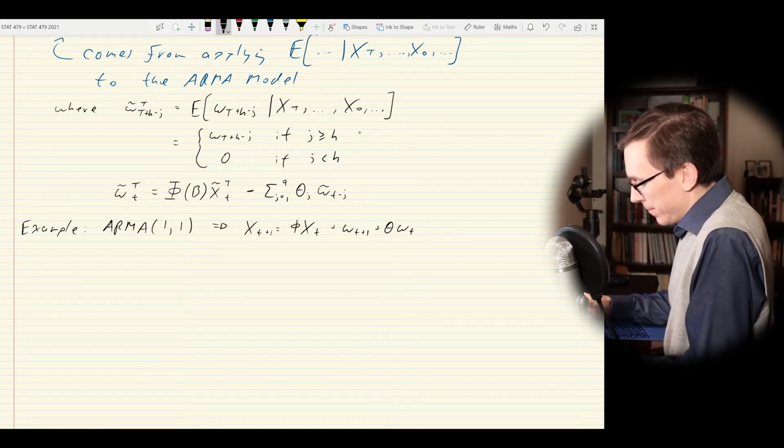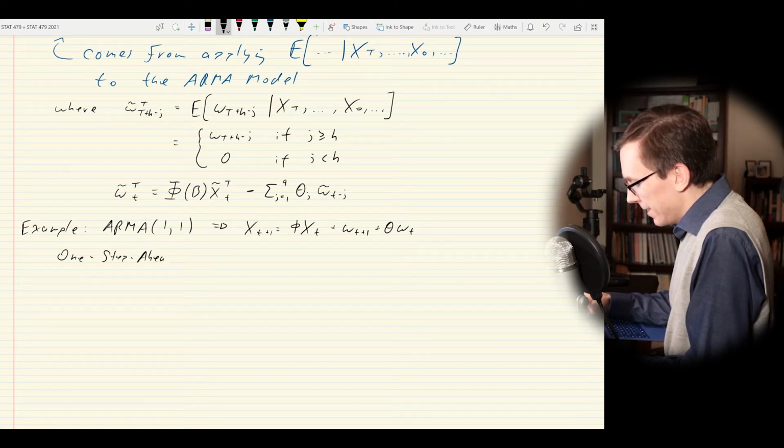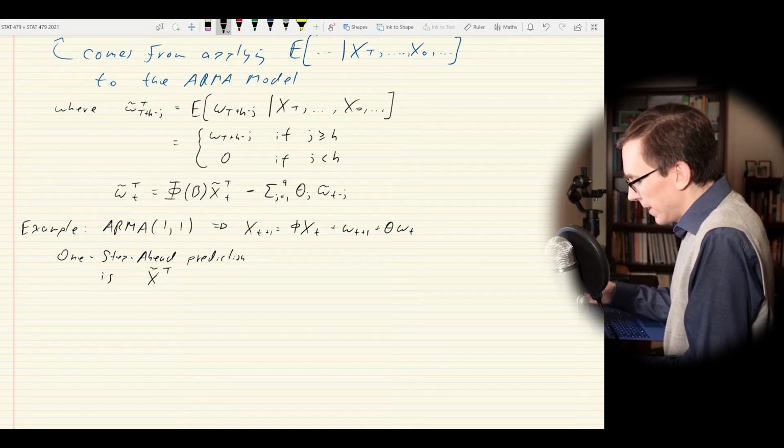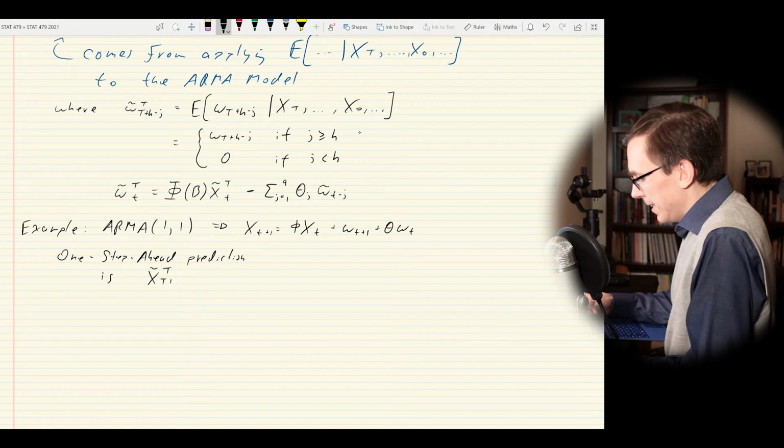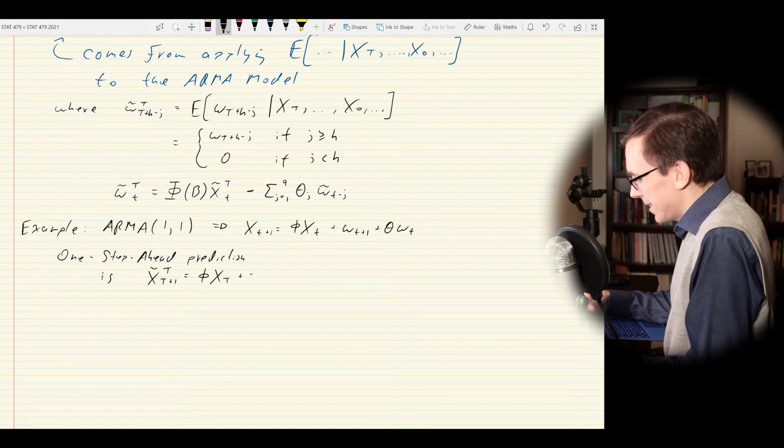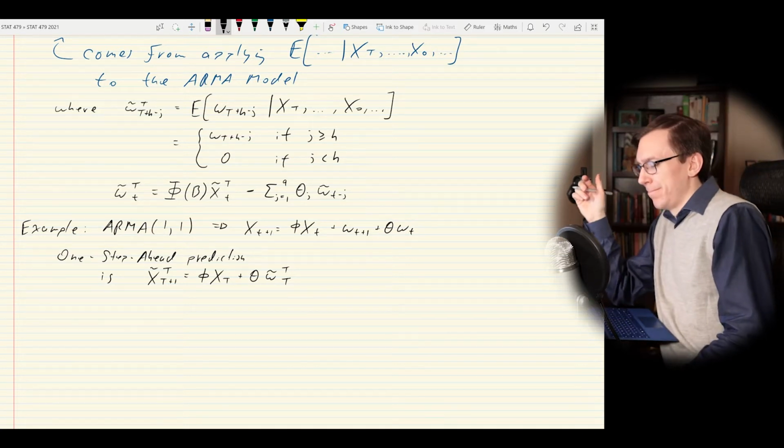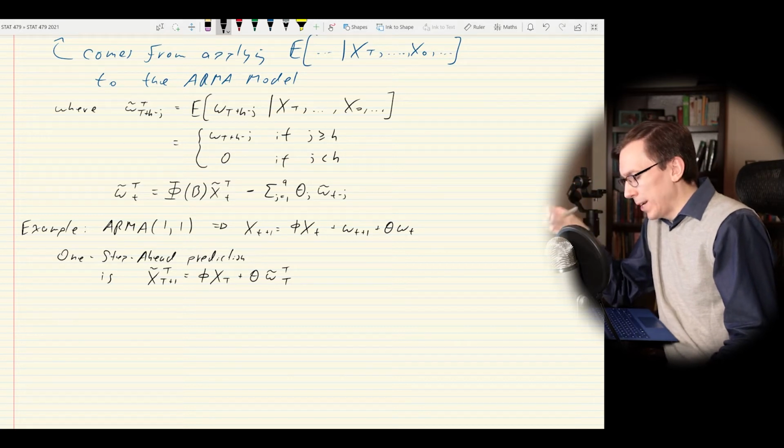So the one step ahead prediction is, well, x tilde_{T+1} is equal to phi x_T plus theta w tilde_T, I guess T, yeah, because it's the Tth white noise piece.